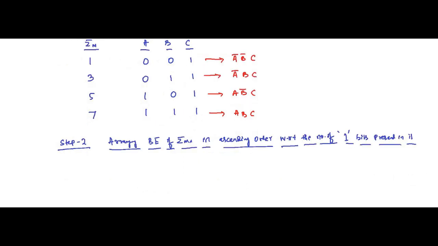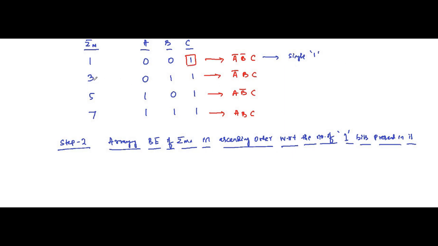So here basically what it means is that first we have to arrange them in certain groups depending on the number of 1 bits that are present. So here in minterm 1 there is only a single 1 bit.